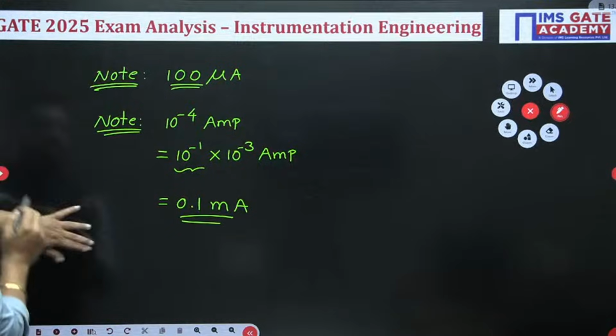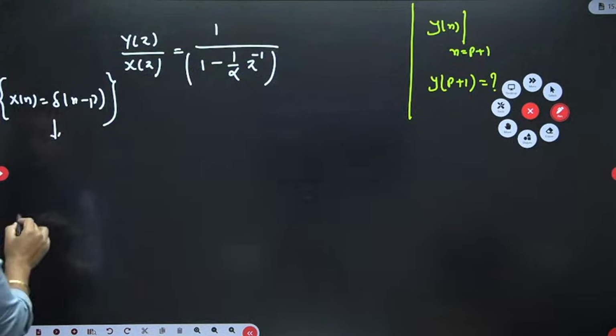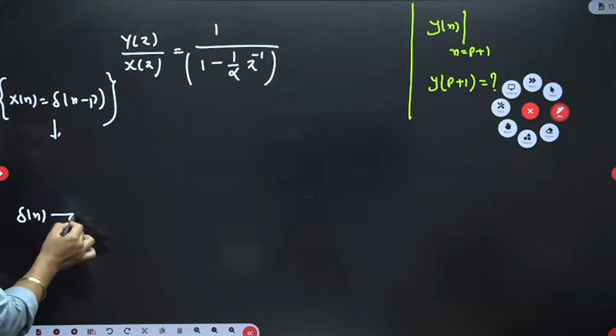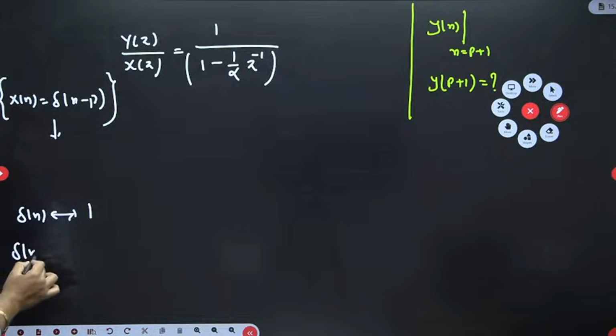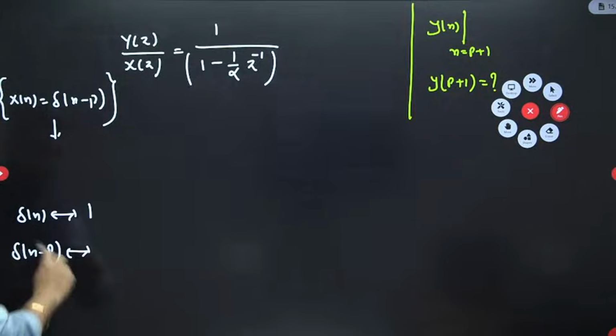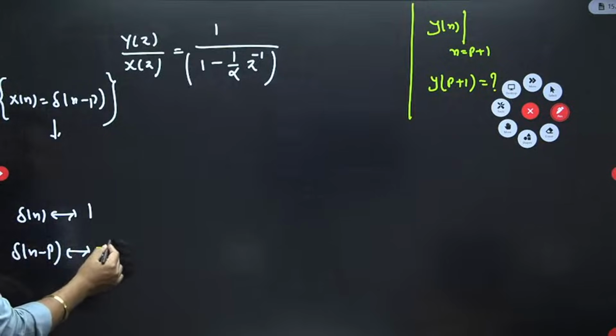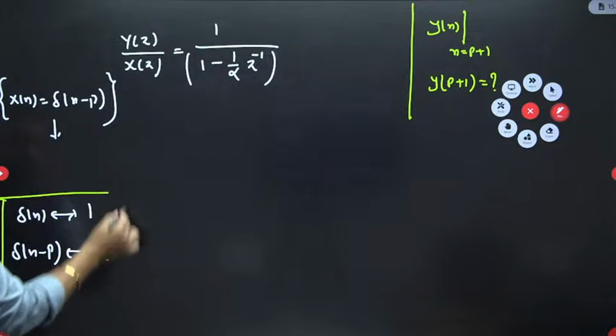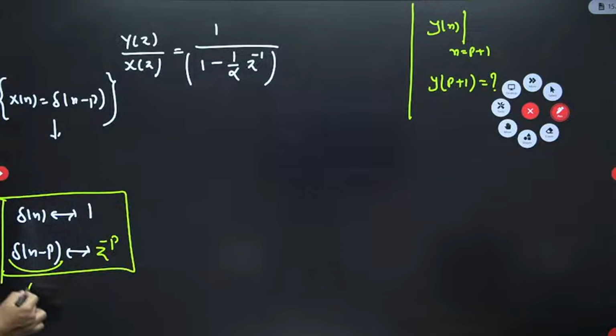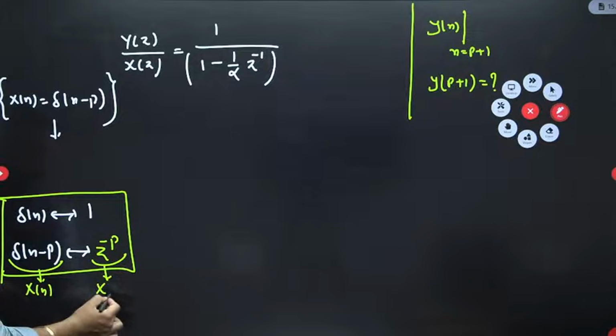So if I take the Z transform on both sides here, do you know that delta n has the Z transform 1, then delta of n minus p, is it time shifting? And time shifting always carries the same sign. So it is z to the power minus p, sir. So from here, if this value is x[n], then this complete value is X(z).